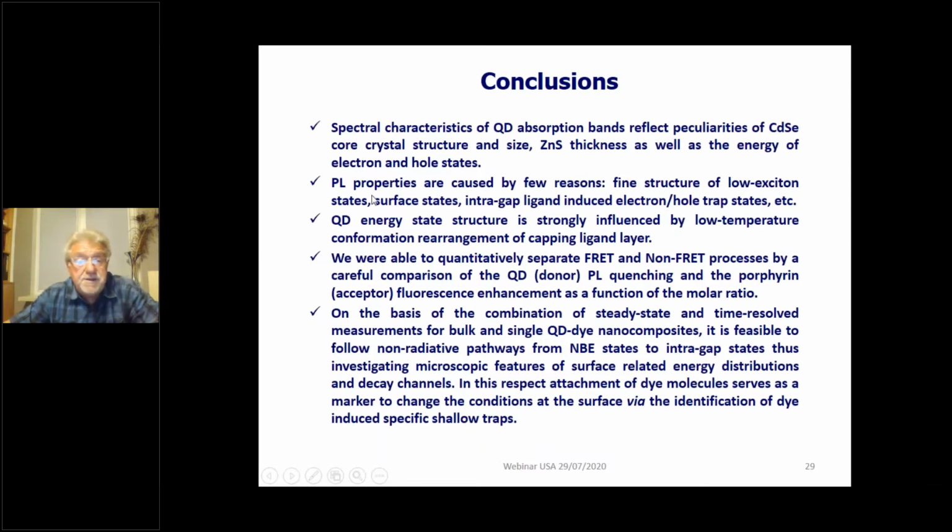Photoluminescence properties of quantum dots may be caused by a few reasons: fine structure of states, intra-gap states, and ligand-induced electron energy transfer. The quantum dot energy state structure is strongly influenced by low temperature transformation of the capping ligand layer.